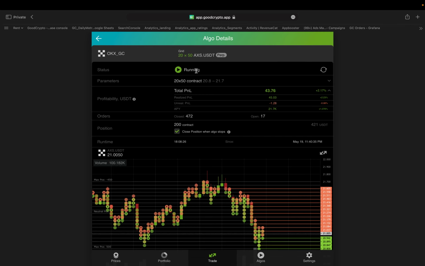So pairs like ETH BTC or BNB BTC or BNB ETH or what have you. Something that is not traded to dollar. That's one bucket. They're less risky, I would say, for grid algos. I will probably do a separate video on them. They have less volatility, less risk. So that's for safer, lower risk, lower expected return grids, which can be run for a long time. That's not something we're looking at here.